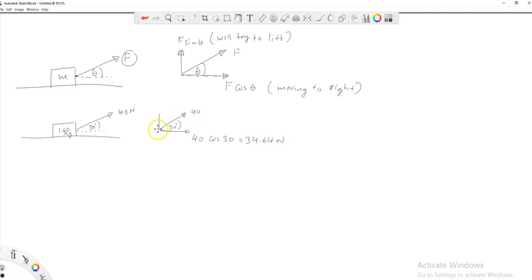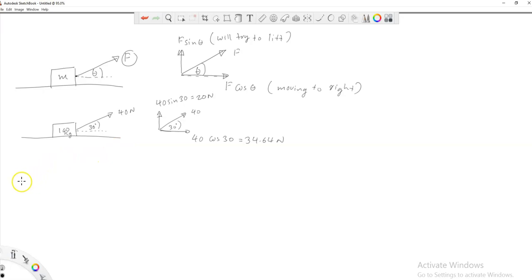We will calculate this one also. 40 times sine 30. Actually, it's 20. Don't even need the calculator for that. This is 40 sine 30, which is 20. So we have a horizontal pulling force of 34.64 and a lifting force of 20 newtons.